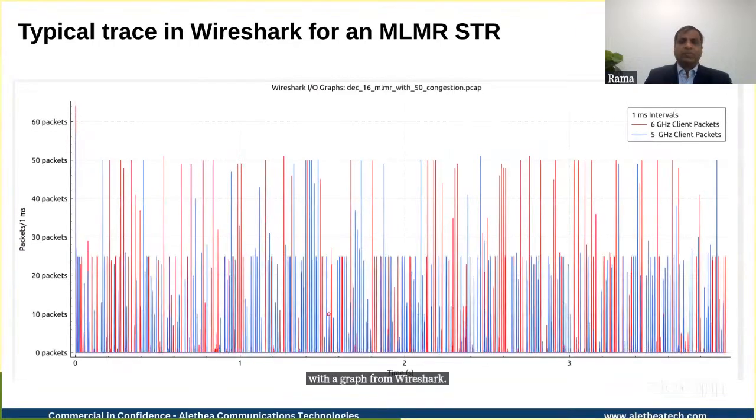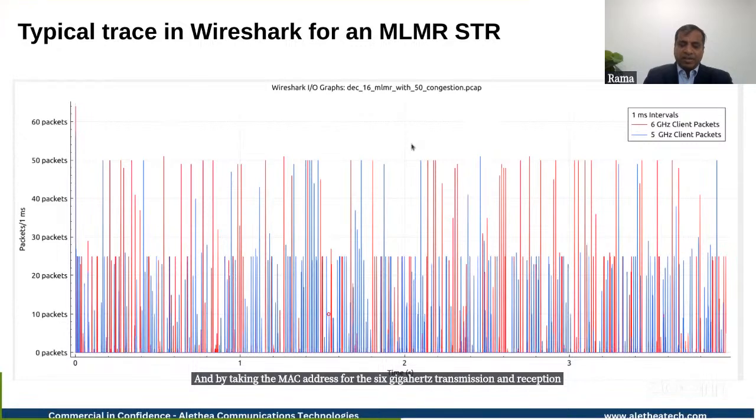Those of you who are familiar with Wireshark, we do have IO graphs functionality in the menu, and you can use it to filter or color the 5 gigahertz packets by taking the MAC address that is relevant for the 5 gigahertz transmission and reception, and the MAC address for the 6 gigahertz transmission and reception.